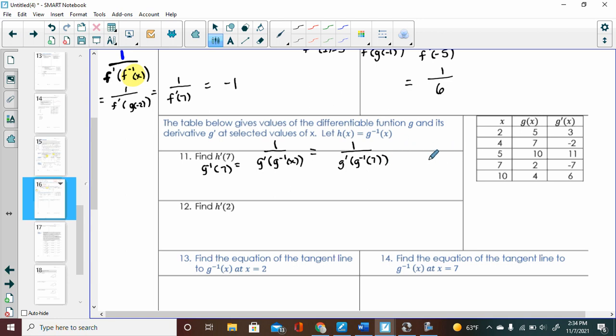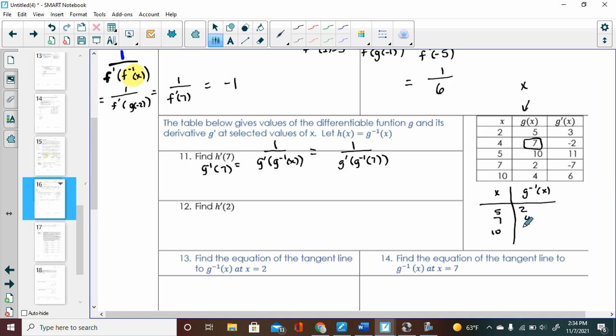All right. So I'm going to go find 7. It's right here. So the inverse, so these are the x values, if it helps you to go ahead and switch those up. So basically 5 and 2, 7 and 4, so on and so forth, right?